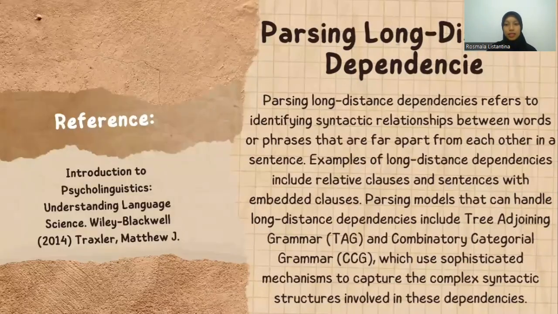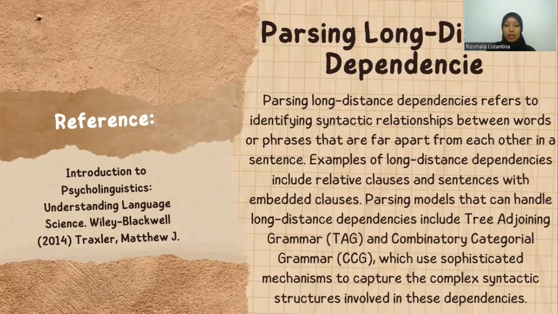So the last is parsing long-distance dependencies. Parsing long-distance dependencies refers to identifying syntactic relationships between words or phrases that are far apart from each other in a sentence. Examples of long-distance dependencies include relative clauses and sentences with embedded clauses.